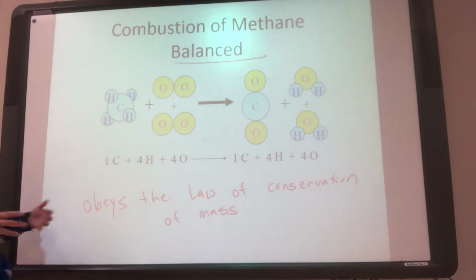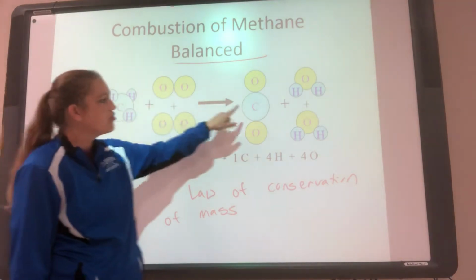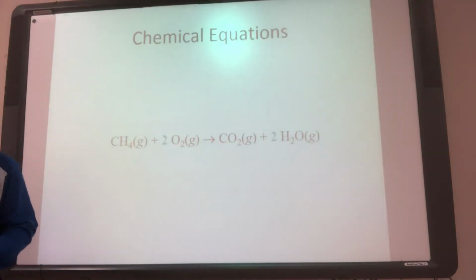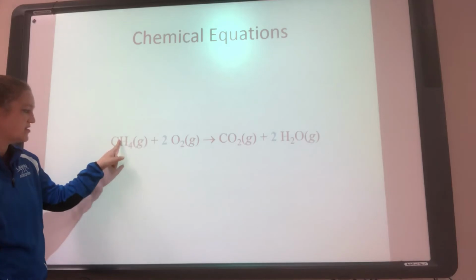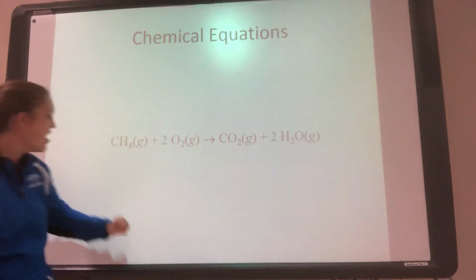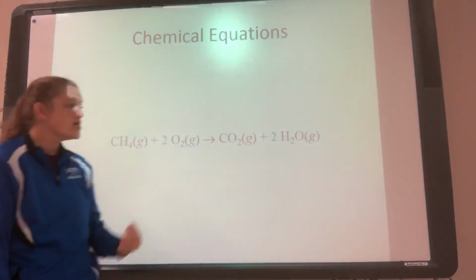So then what does this look like? How do I represent this 1 to 2 to 1 to 2 ratio? This is what it would look like if I were to actually write out my chemical equation. So I have my CH4, my O2, my CO2, and my water. And we said it's a 1 to 2, 1 to 2 ratio.